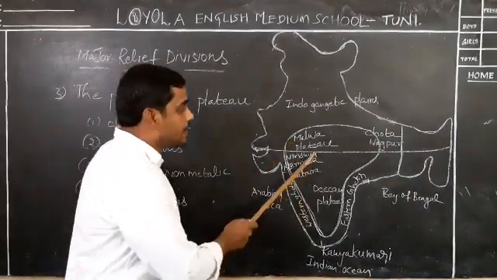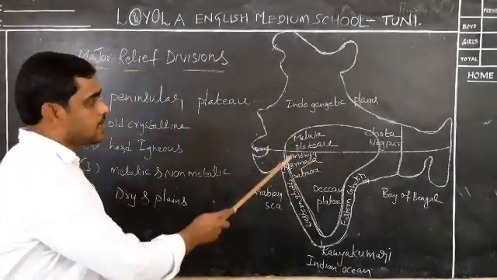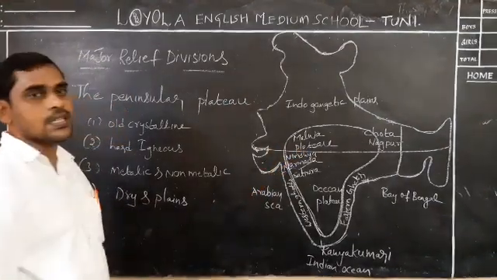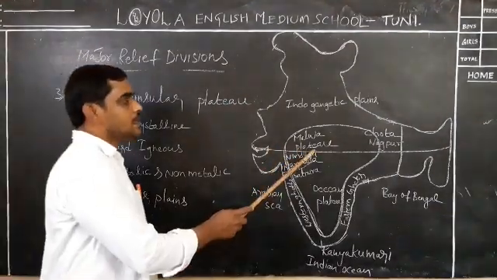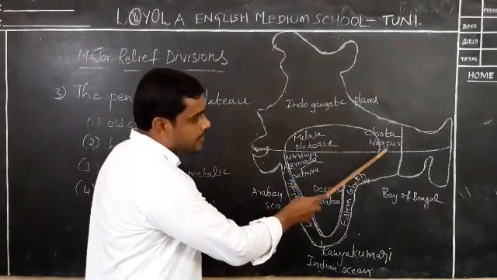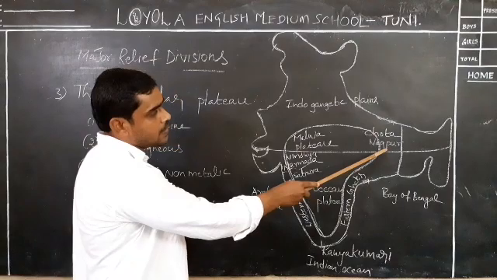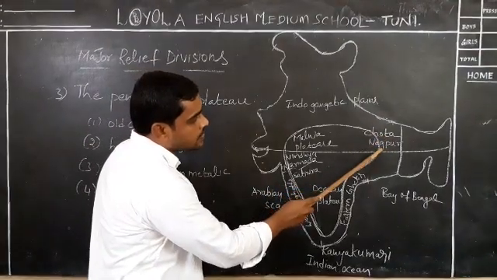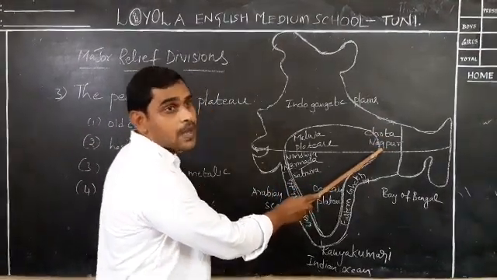Next, the Malwa Plateau exists towards the west. At the same time, towards the east of the Malwa Plateau, there is another plateau. What is the name of the plateau? The plateau is the Chota Nagpur Plateau.